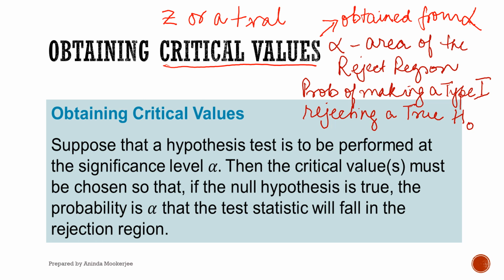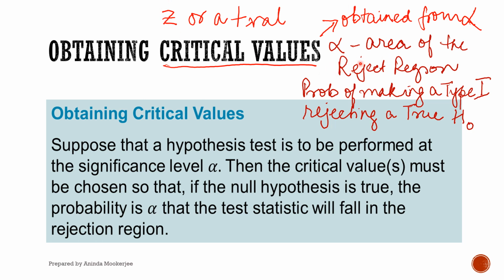So the way we go about finding the critical value is to first find alpha, and then use that alpha and take it to the z table.